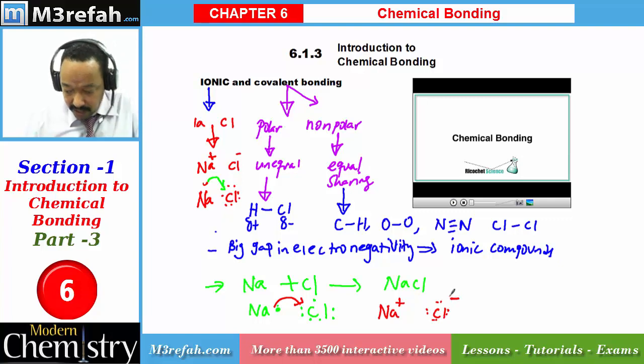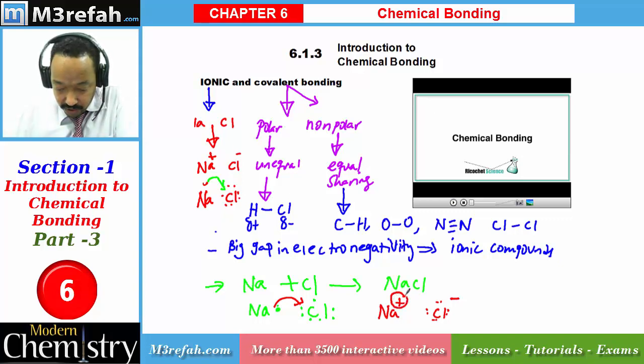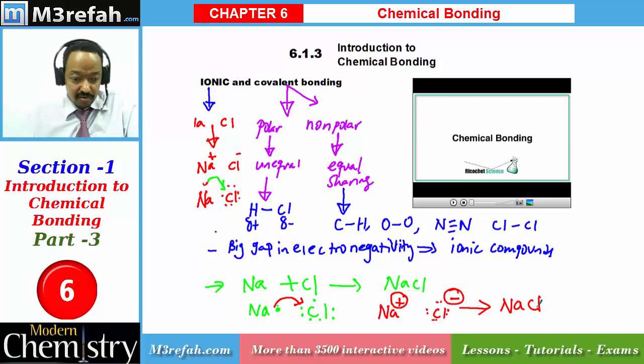Then it's noted by this one. Now this electrostatic difference, which is positive and negative, makes a strong bond, sodium chloride. We call this strong electrostatic attraction of electron.